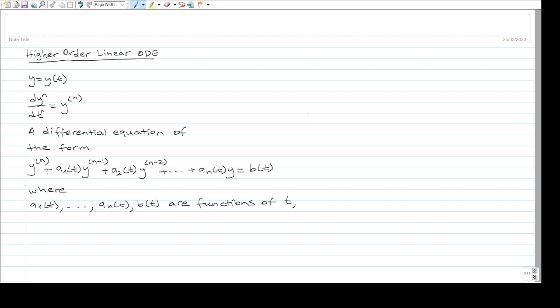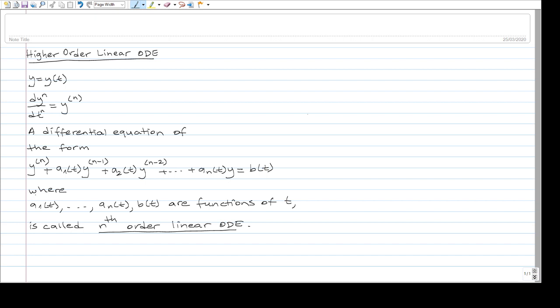Such an equation is called an nth order linear ordinary differential equation. Nth order because the highest derivative in your equation is order n.